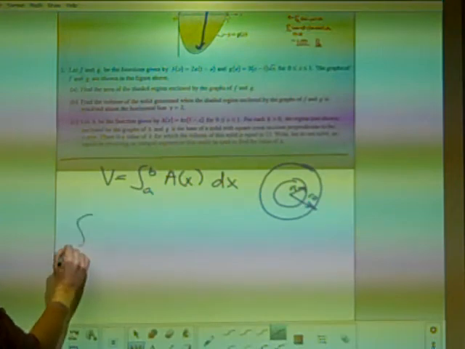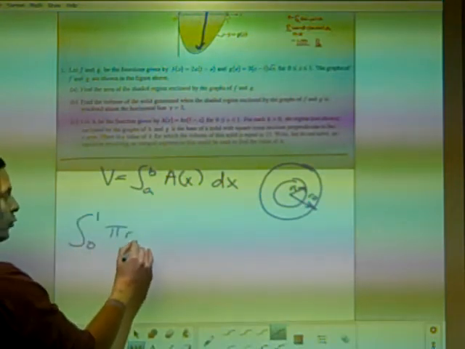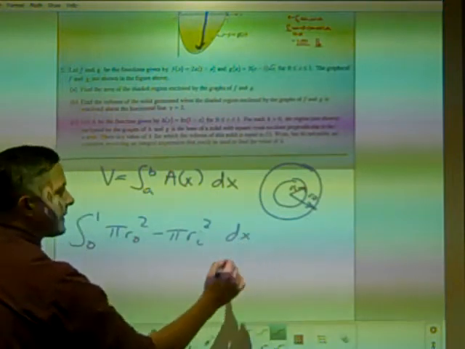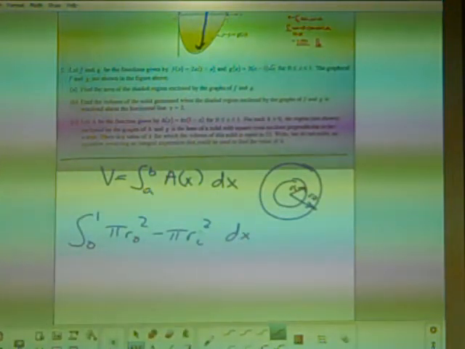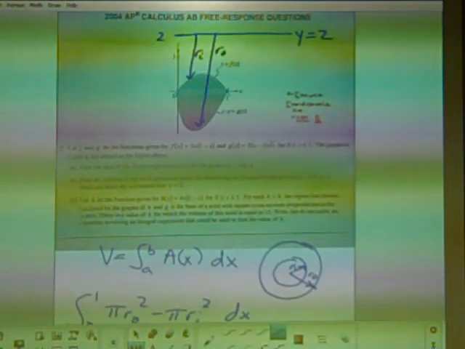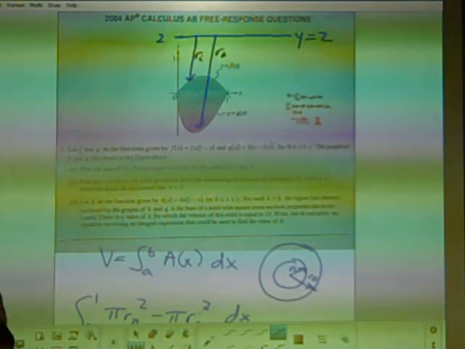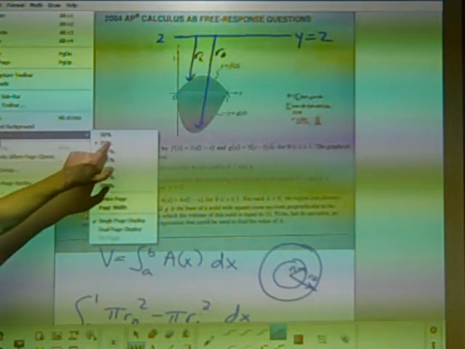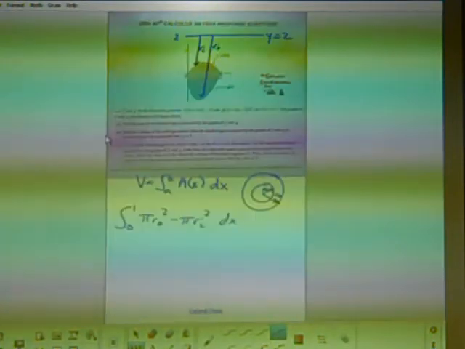So over here I have the integral from 0 to 1 of pi Ro squared minus pi Ri squared dx. I have to calculate what Ro and Ri are. If I use the picture on top, that usually is the easiest way. So if I go to a little bit smaller view so we can see everything, we're going to go 50% just for a little bit.